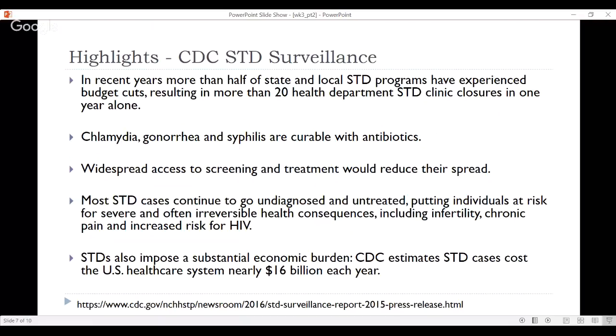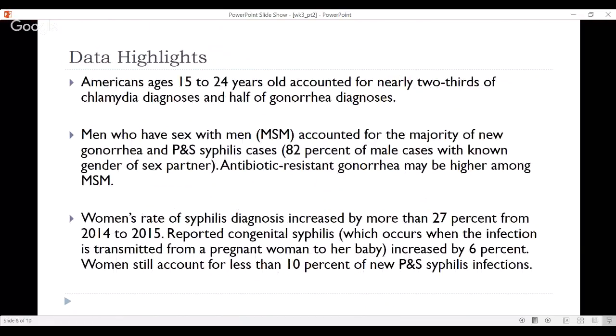STDs also have a substantial economic burden on the nation. The Centers for Disease Control estimates that STD cases cost the U.S. healthcare system nearly $16 billion each year. And then some data highlights. Americans aged 15 to 24 years old accounted for nearly two-thirds of chlamydia diagnoses and half of gonorrhea diagnoses.